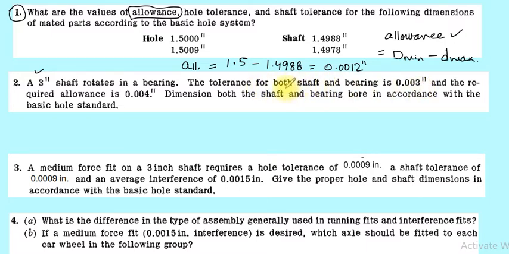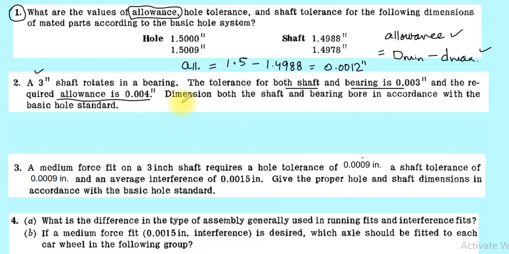So we are given the tolerance of the shaft as well as the tolerance of the hole, because the bearing has to go inside the hole, and it is the same 0.003 inches. Additionally, we are given the allowance, the same concept that we have learned in the previous example, and it will be used in our calculation.